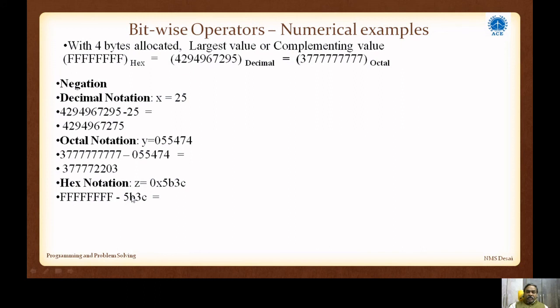And B is there, so 4 should be, 5 is there, A should be the answer. Let us see the answer. We have got A4C3 corresponding to the last 4 digits, and the remaining things come as it is. It is the same as decimal arithmetic. Suppose you have 9999234 minus 134. You will get 9999, last 3 digits 100, as simple as that.